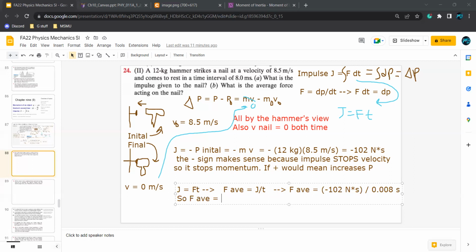So negative 102 divided by 0.008 is negative 12750 newtons.